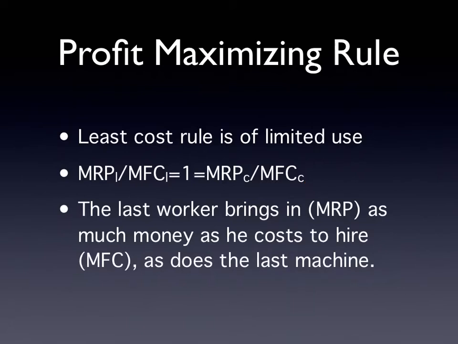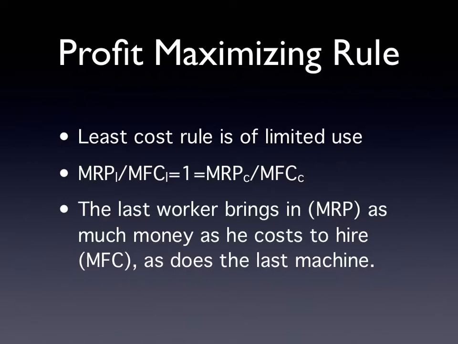And while it looks a little ugly, it's actually rather simple, and we've seen it before already when hiring just labor. We hired labor until the marginal revenue product of labor was equal to the marginal factor cost of labor. That is, you never wanted to hire a worker whose marginal factor cost was greater than the marginal revenue product, because it would cost more to hire that worker than the firm would receive by hiring that worker.